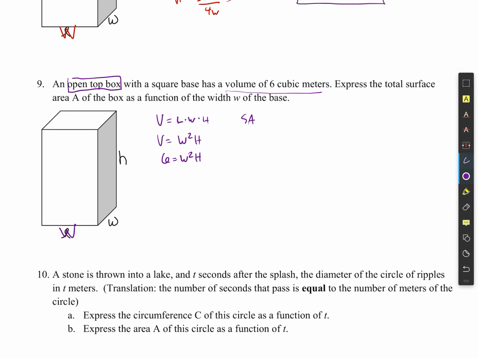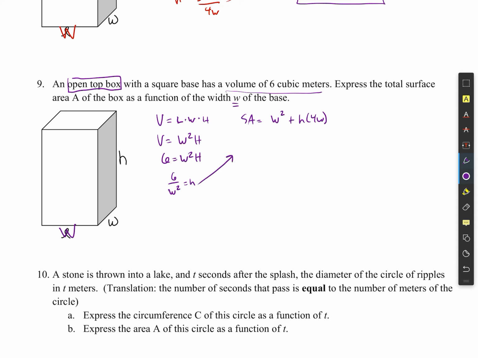Alright, surface area. We don't have a top, so just area of the base, which is w squared, not times 2, plus height times 4w. There's our surface area formula, because we don't have the top. Now we want our equation to be just w's, so we gotta make this an h equals 6 over w squared.